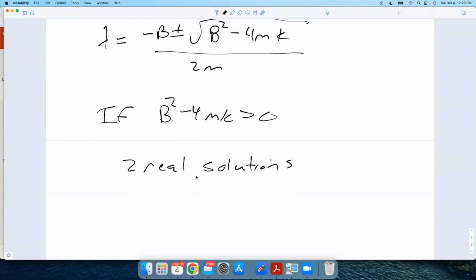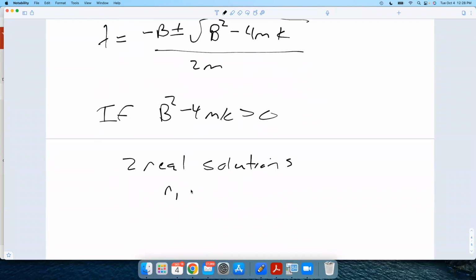Let's call them R1 and R2. And then our solution will be x of t. If you get real solutions, you'll get some a e to the R1 t plus b e to the R2 t.